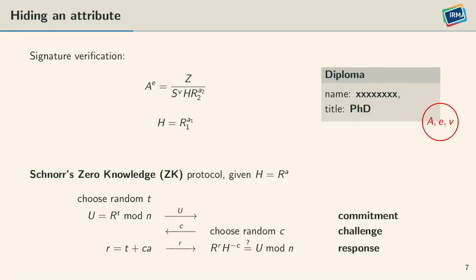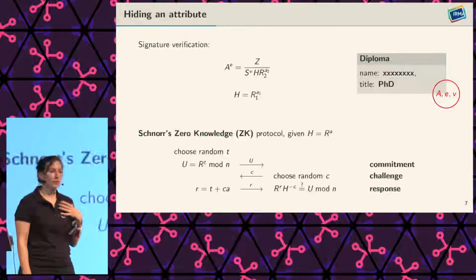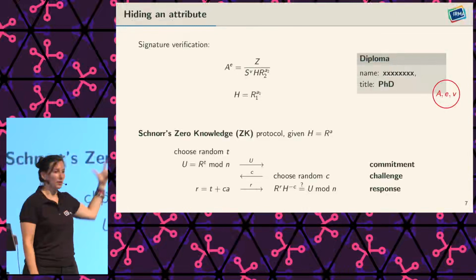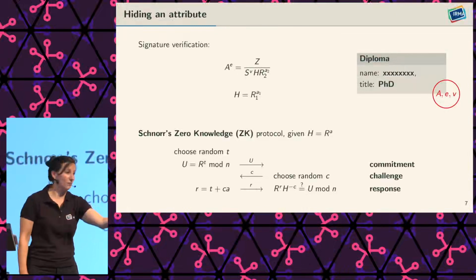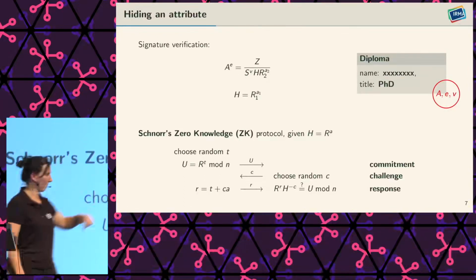For simplicity, I removed all the indices. The indices are used for indicating which attribute we're talking about, but it becomes a mess here, so I skipped them. We start with the given thing that we have, this age, which we can publicly share, because it doesn't say anything about the value of a, and it's defined by r to the power of a.